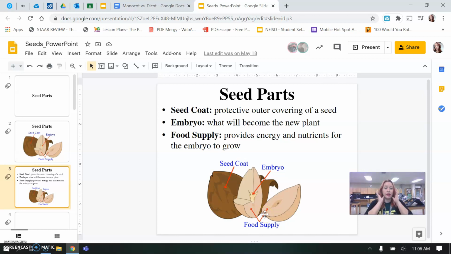So when we were talking previously about what do our beans need to grow, and we said they only really need us to give them darkness and some moisture, because they already have the nutrients and food that they need, and they already have their protection and the embryo in there. So in order for us to grow the seeds, we just need to give them darkness and damp.